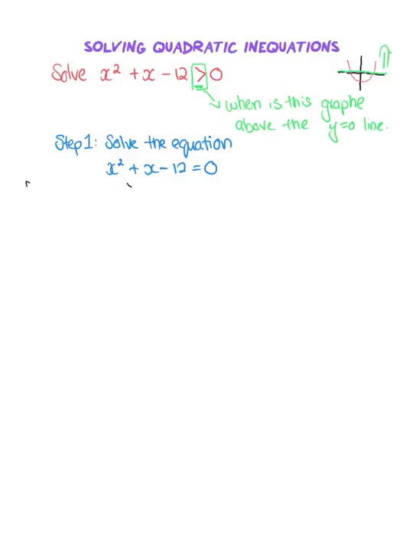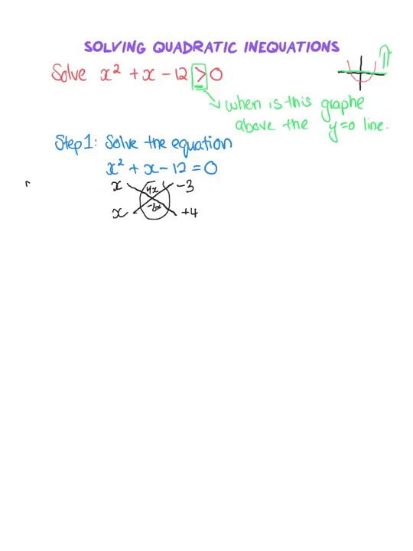When we have a quadratic and we solve it, we've got to factorize it. Factors of x squared are x, and factors of negative 12 are negative 3 and positive 4. If I test that out, x times negative 3 is negative 3x, and x times positive 4 is 4x, and they add to give that number.